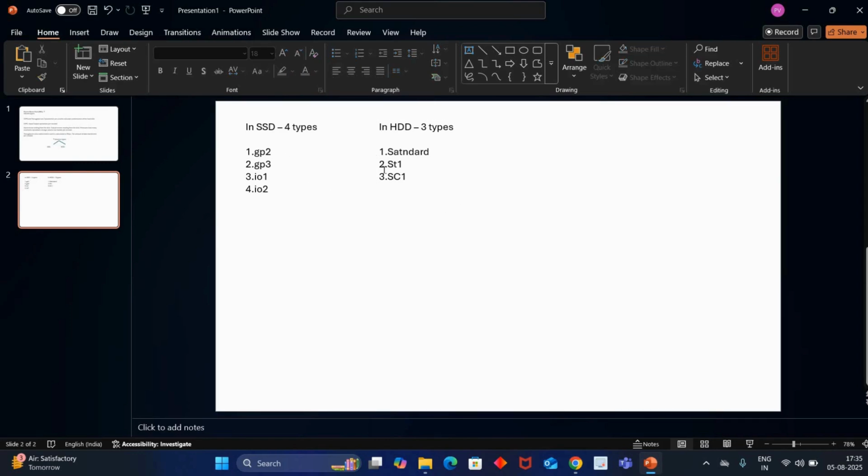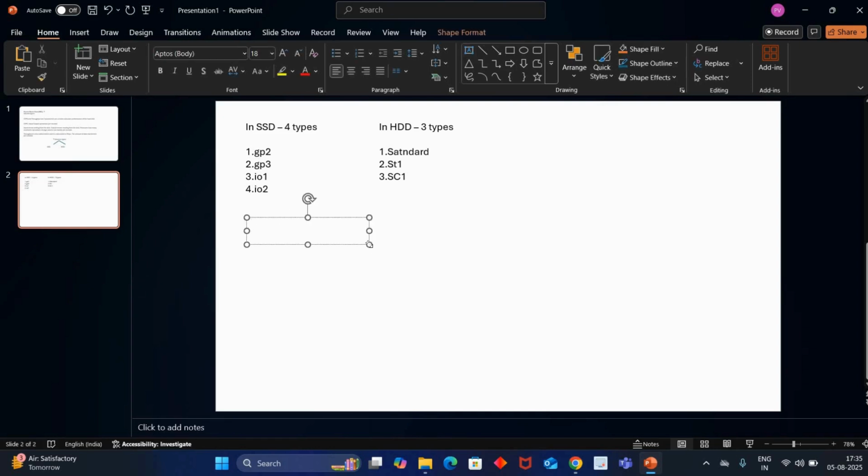So under SSD we have 4 types: GP2, GP3, IO1, IO2. Under HDD we have standard, ST1 and SC1.